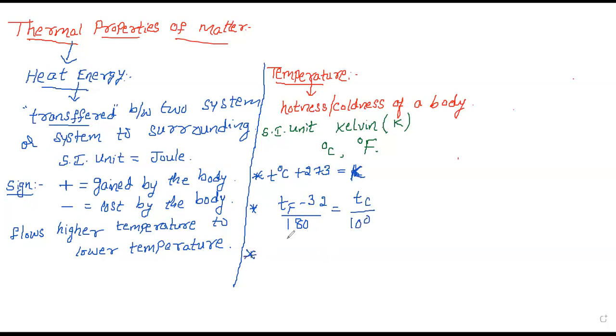Canceling the 10s, TF minus 32 equals 18 by 10, which is 9 by 5, times TC. Shifting the minus 32 to the RHS, it becomes plus 32. So the temperature in Fahrenheit is 9 by 5 times the temperature in Celsius plus 32.